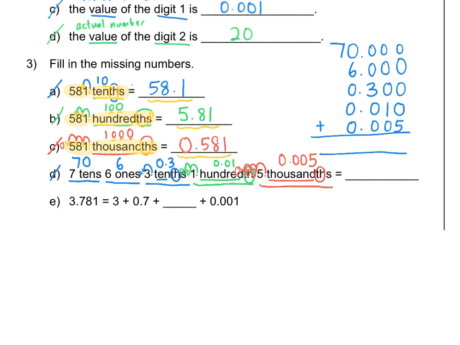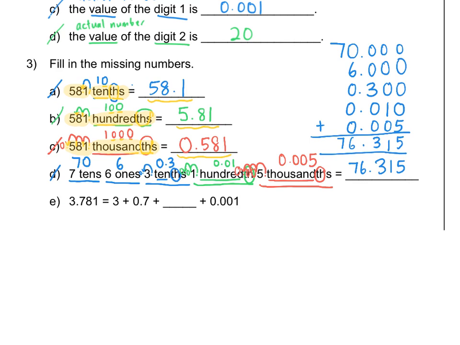And I can then do an addition, starting from the smallest place value, the last column. I have a 5, a 1, a 3, dot, 6, and a 7. So the answer should be 76.315 for part D.